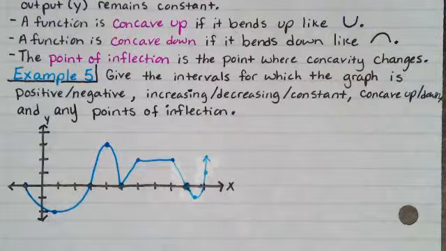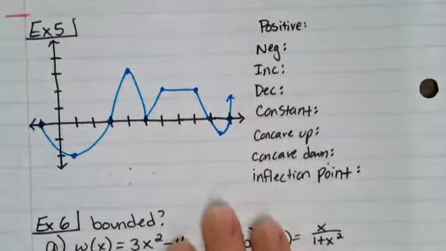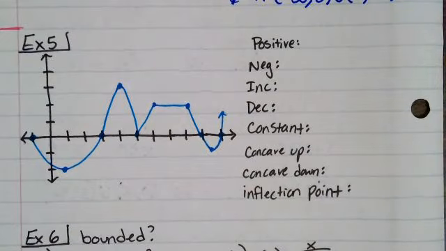All right, so we're going to go through this. If you need to pause and take notes, then feel free. But I'm going to switch this over to my page where I'm going to write on it. Right here, I've already got this set up, a place where we're going to put our positivity, negativity, increasing, decreasing, constant, concave up, concave down, and our inflection point.